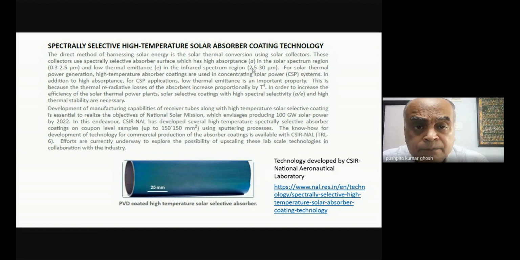Now, once it has got heated up, it's a hot body, and so it can emit infrared radiation because it's so hot. So what we want to do is to minimize the emission. You want a coating which will also have a low thermal emittance.